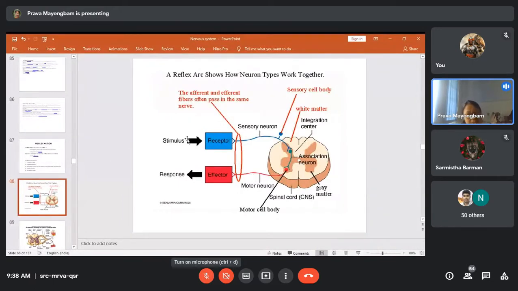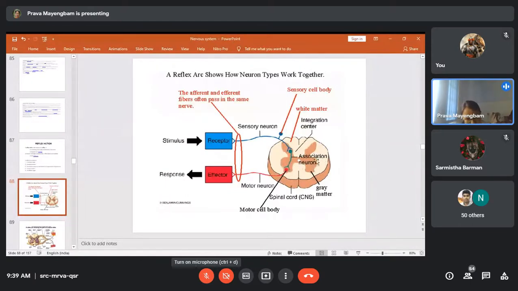Okay, so this arc is called the reflex arc. Here what you have to remember is the sensory neuron enters through the dorsal horn of the spinal cord. You know, the dorsal horn and the ventral horn of the spinal vertebra.